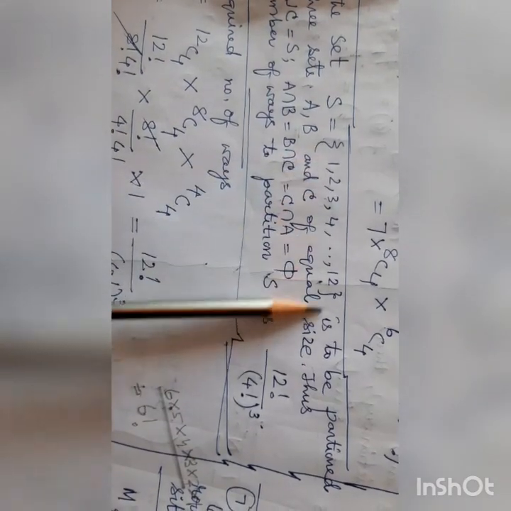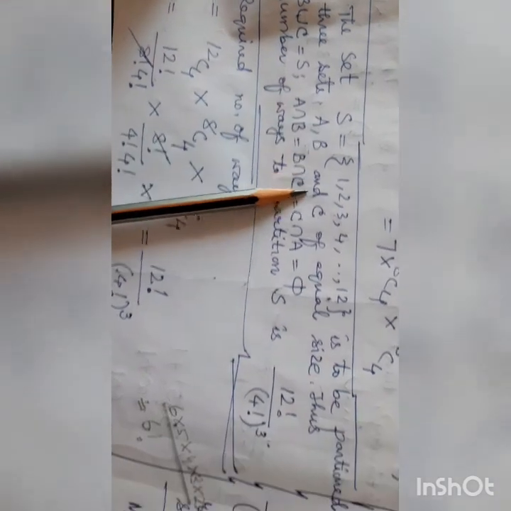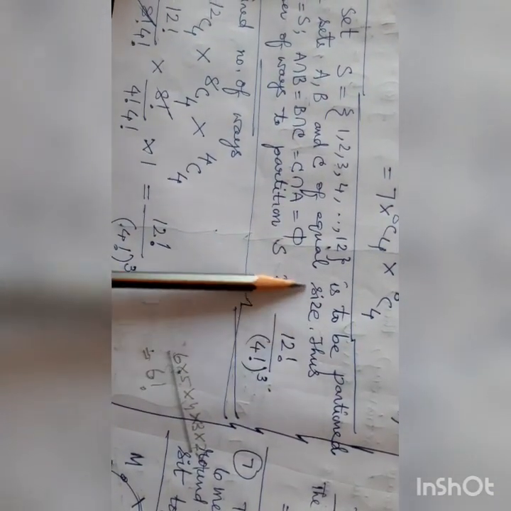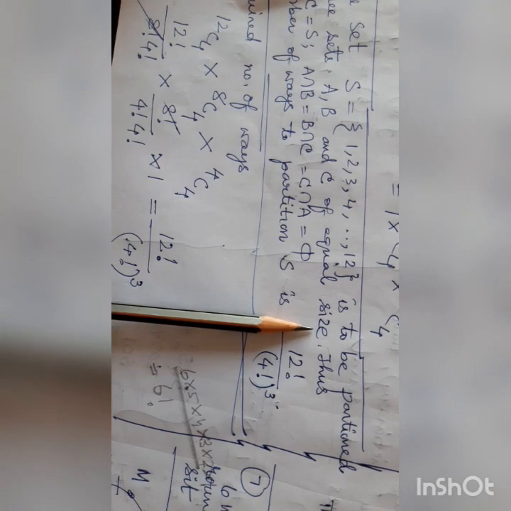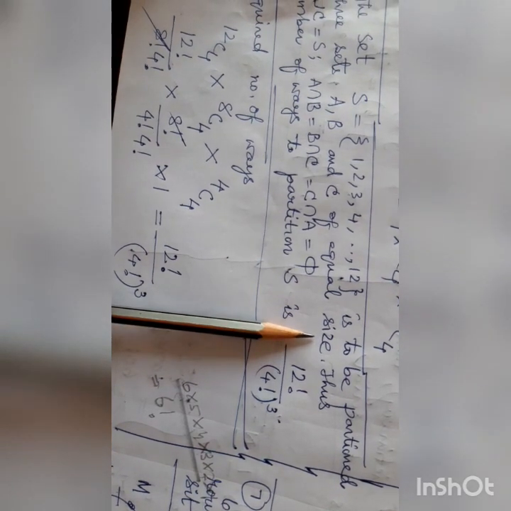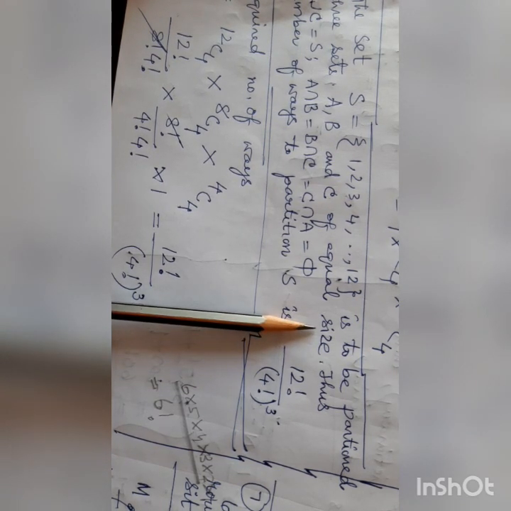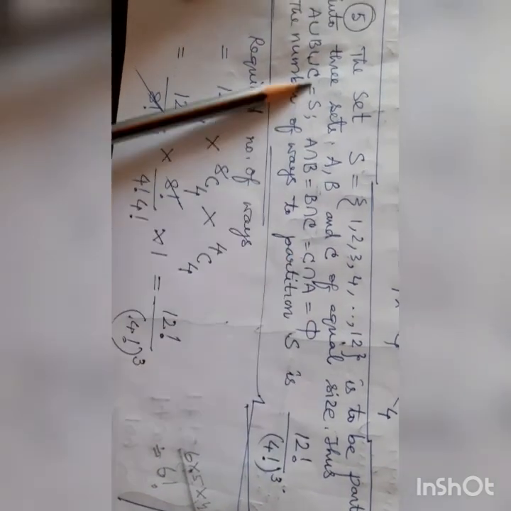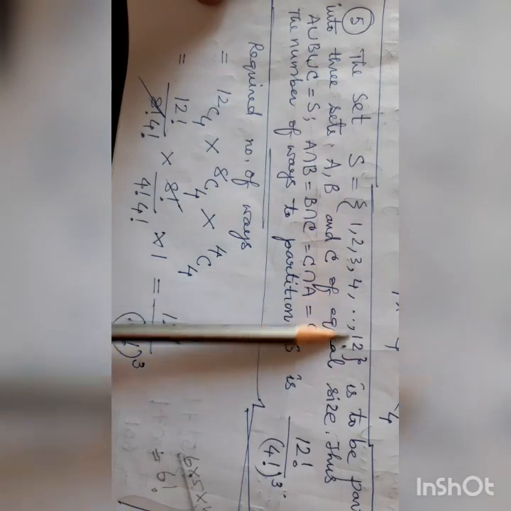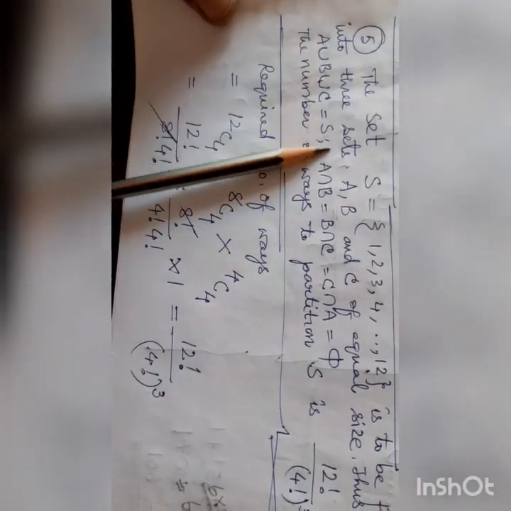This set should be partitioned into 3 sets A, B and C of equal size, meaning 4, 4, 4. 4 plus 4 is 8, 8 plus 4 is 12. So we can easily understand the set S up to 12 is to be partitioned into 3 sets A, B and C of equal size.